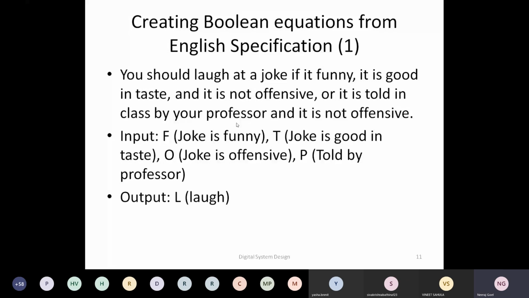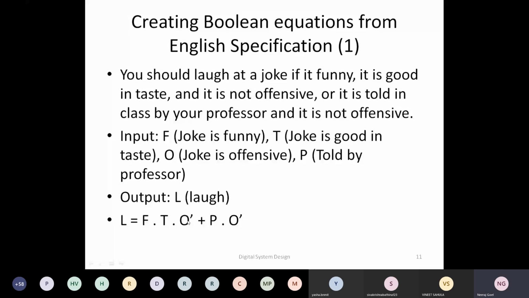If this is so, then we can go ahead and create an equation. We can say L is equal to it has to be funny, F, and it has to be T, and it has to be not O. And plus, or it has to be told by a professor and not offensive. So I can say that my L is equal to F, T, O inverse, plus P, O inverse.